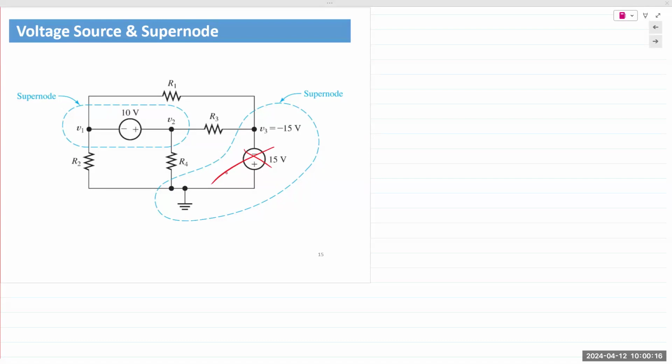So let's say I wish to apply a supernode around the 15-volt source. All I'm going to do is apply KCL here at this node 3.